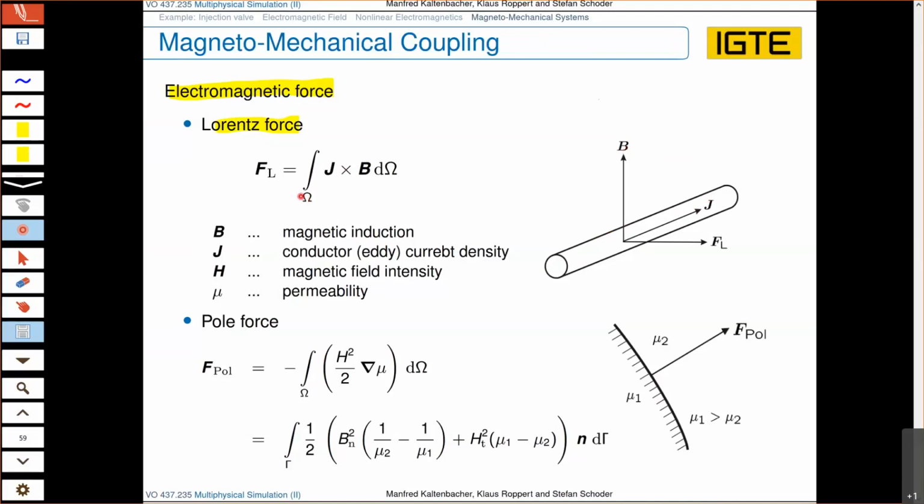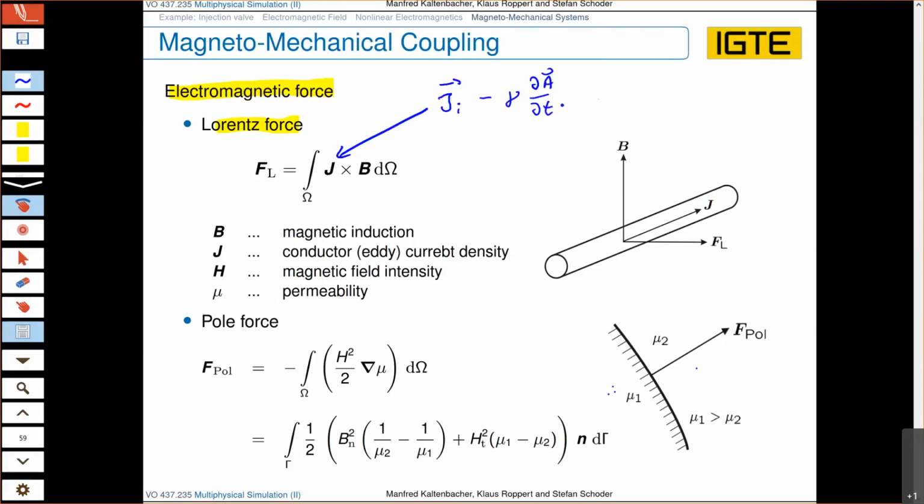Integrating here over the domain omega will give us the total force, meaning integrating over this conductor, giving us the total force in Newton. We know this current density, as generally written here, is the current density, for example, the impressed current density, but also any eddy current density being induced in the conductive body.